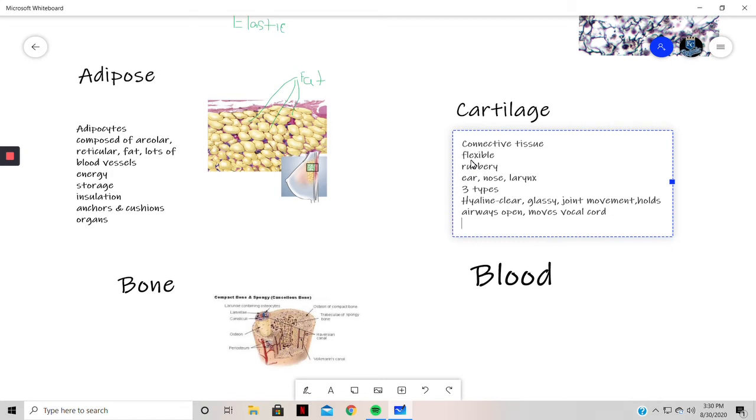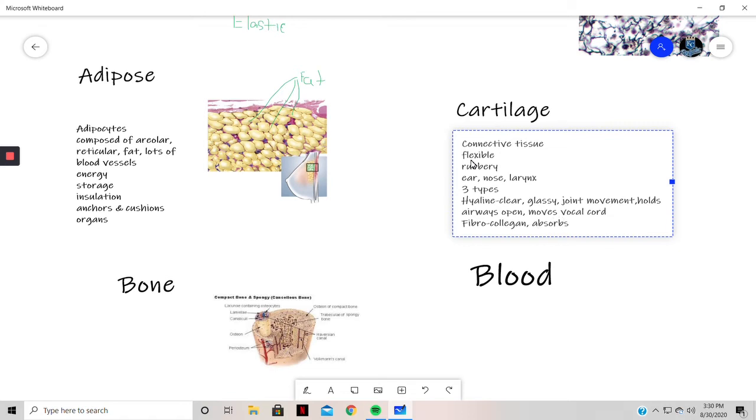Fibro is our next type of cartilage. Fibro cartilage is made of collagen. So again, thick, dense. Try to say those two words at the same time. Fibrous, very good. It absorbs shock.